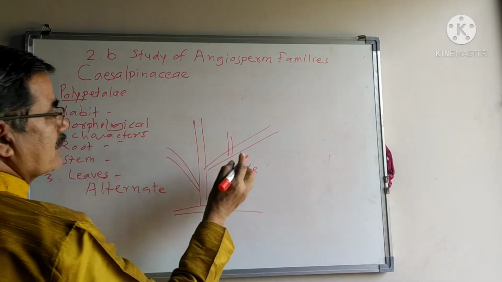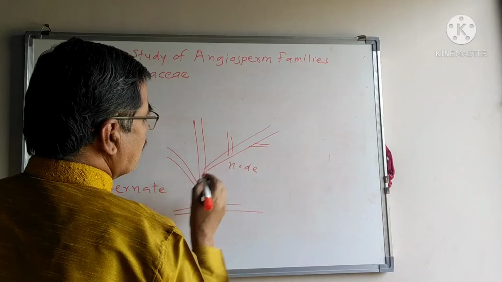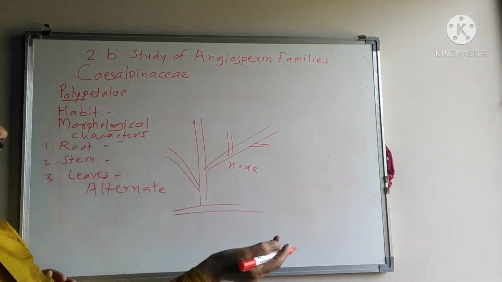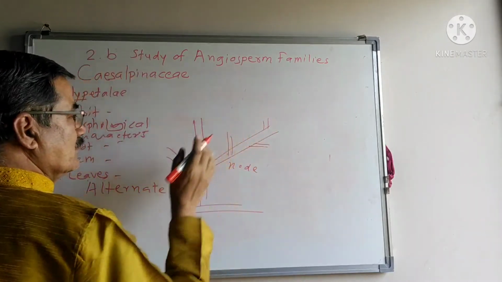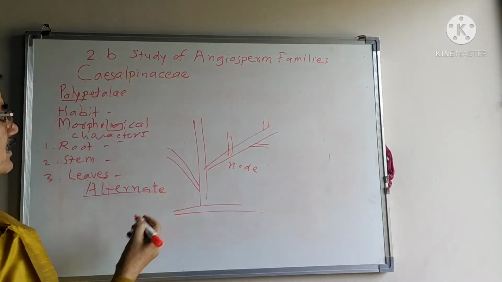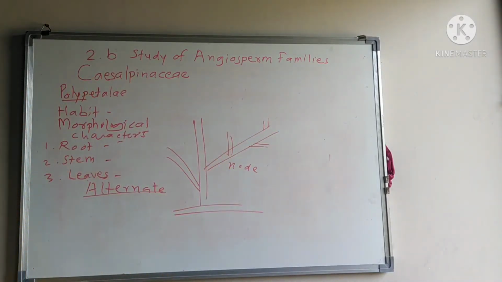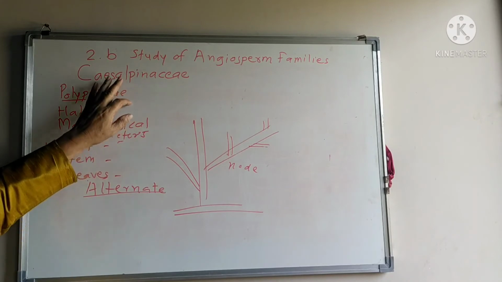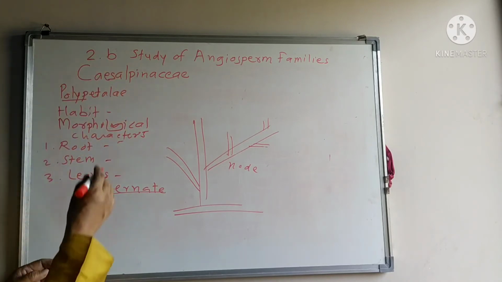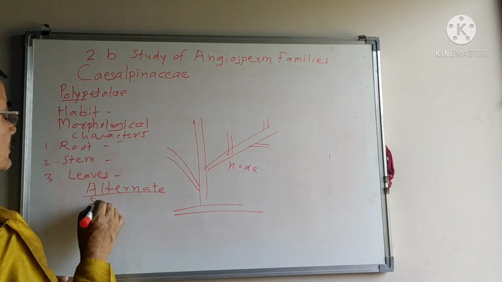Then the second successive leaf is towards its opposite side, and then the third successive leaf towards the opposite side again. Such an arrangement of leaves, phyllotaxy, is known as alternate. In some species of the Caesalpiniaceae, the leaves are simple.